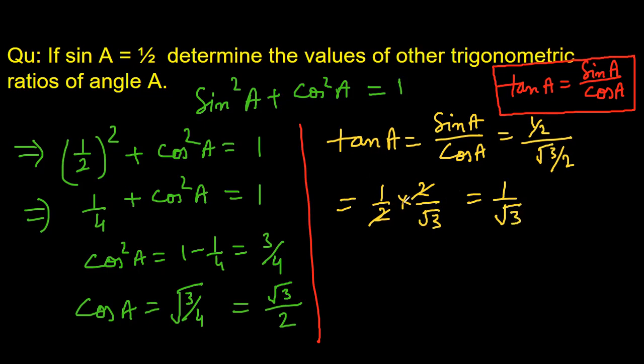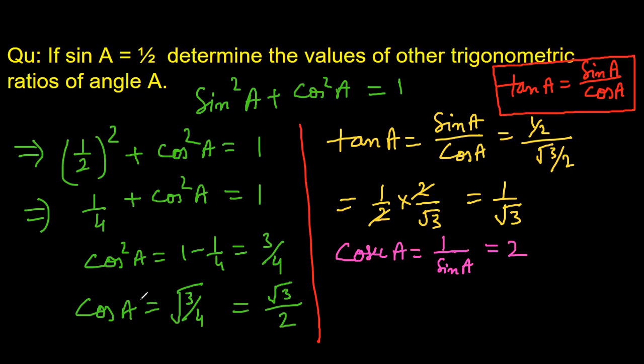Now we were given sine A, we got cos A, we have also got tan A. The other trigonometric ratios, which are the reciprocals of these, can be easily found. If sine A is given, you can directly say cosec A, which is the reciprocal of sine, 1 over sine A, that should be the reciprocal of 1 by 2, which is 2.